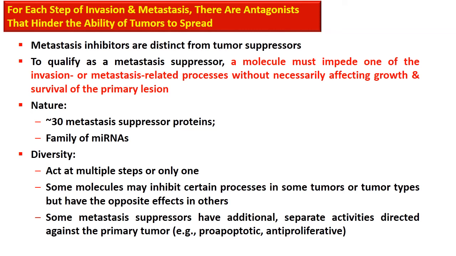Some act on multiple steps or only one. Some molecules may inhibit certain processes in some tumor types, while they have the opposite effect in other types of tumors. Some metastatic suppressors have additional separate activities that are directed against the primary tumor.